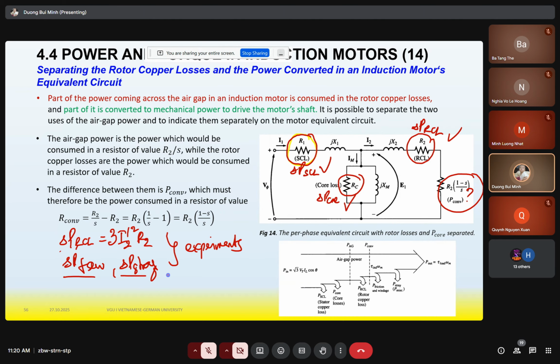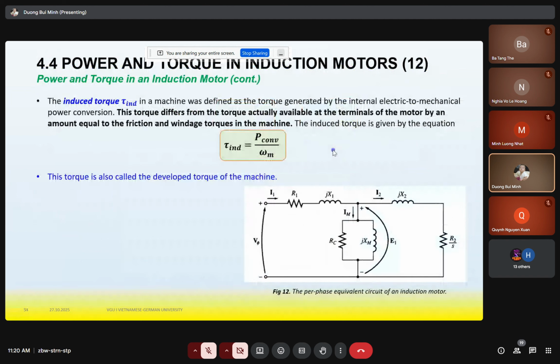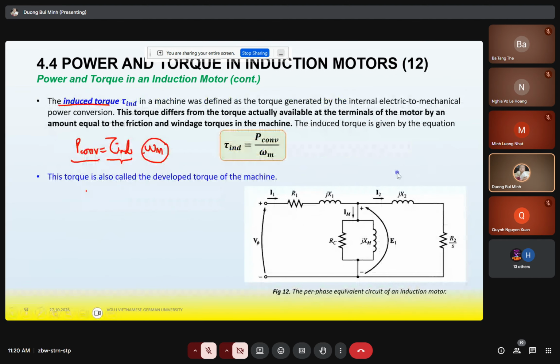So if we come back in the formulas, we know P converted. Now look, P converted, right? P converted is delta P_RCL times (1 minus S) over S. And what does this mean, delta P_RCL?